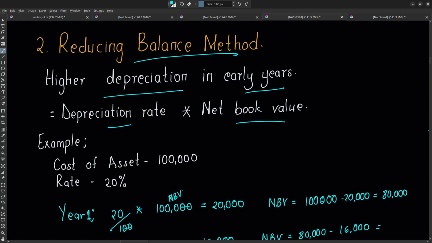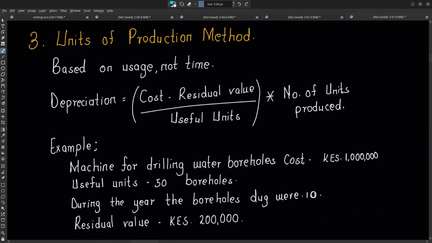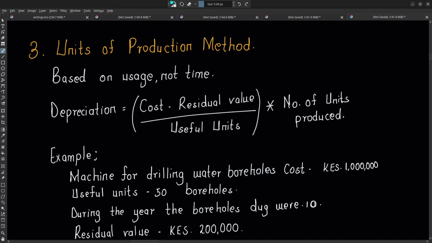Now let us look at the other commonly used method of depreciation, which is called the units of production method, and it is based on usage and not time. This is where you look at an asset and say this asset can produce this number of units before it stops being effective to the business.